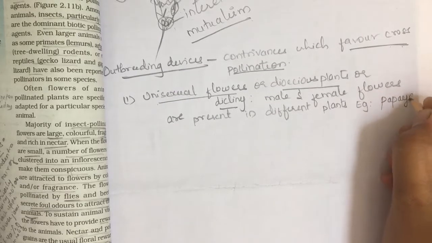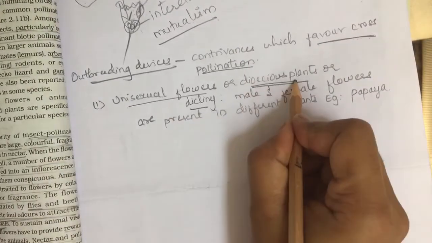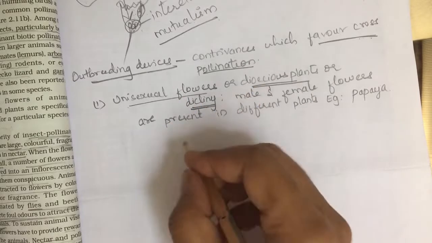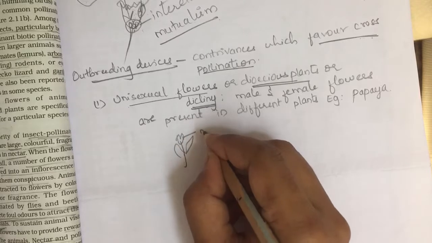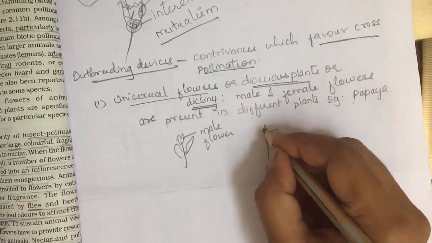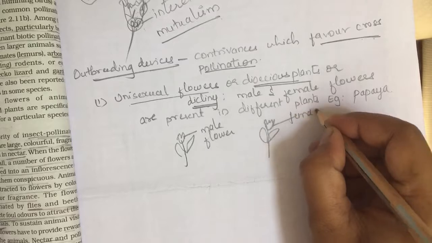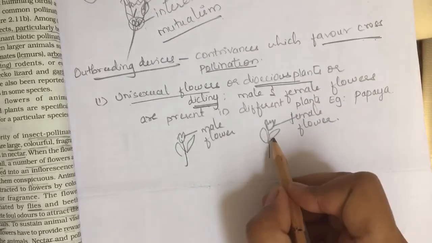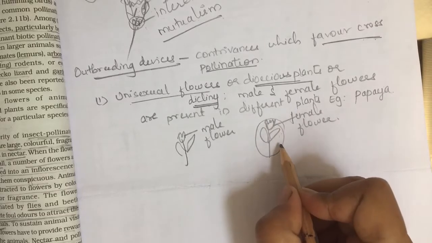Here the male plant is different: the male plant produces only male flowers, and the female plant produces only female flowers. Now which one will produce fruit? The female plant, or female flower, will produce fruits, right?